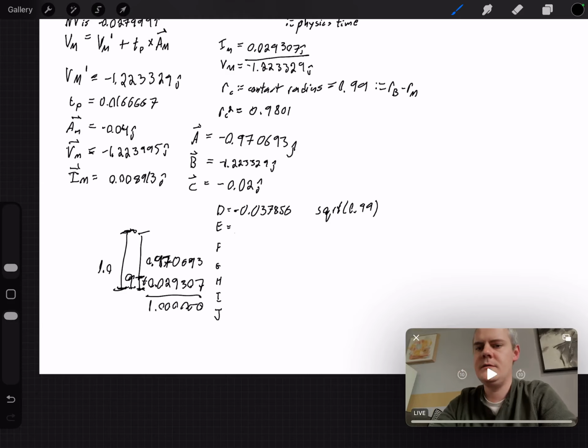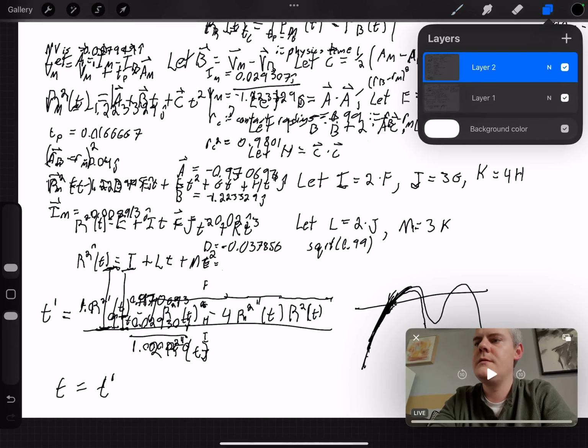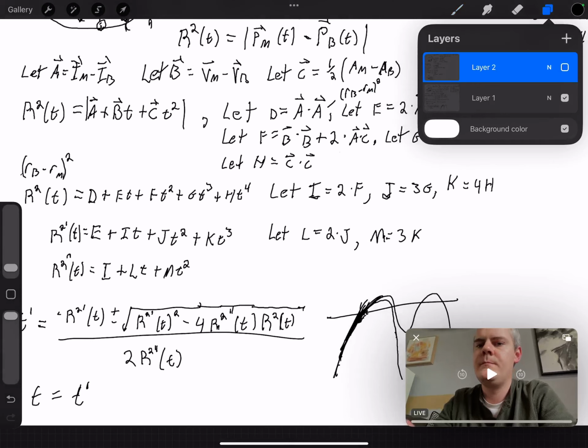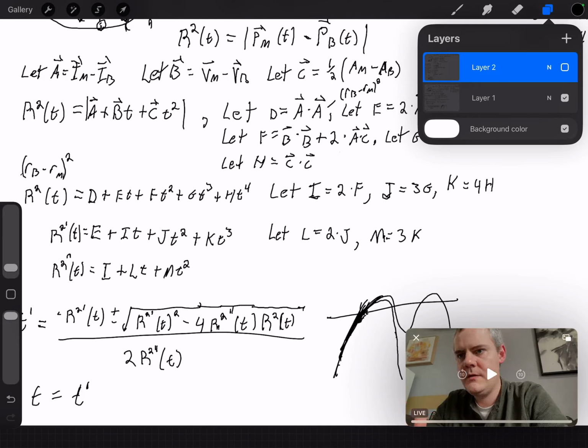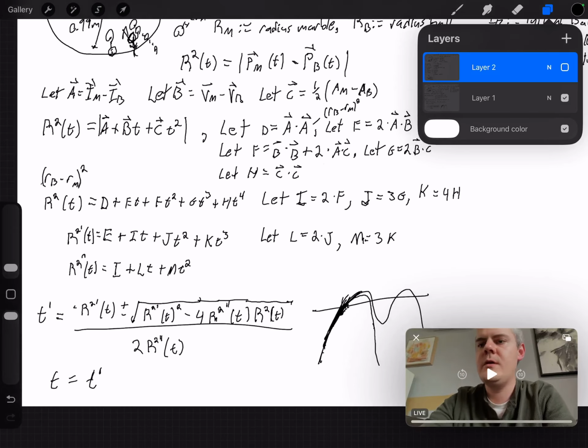DE is... Wait, what is... D... A dot A minus RB minus RM squared. So I think the first thing I've got to do is RB minus RM squared.